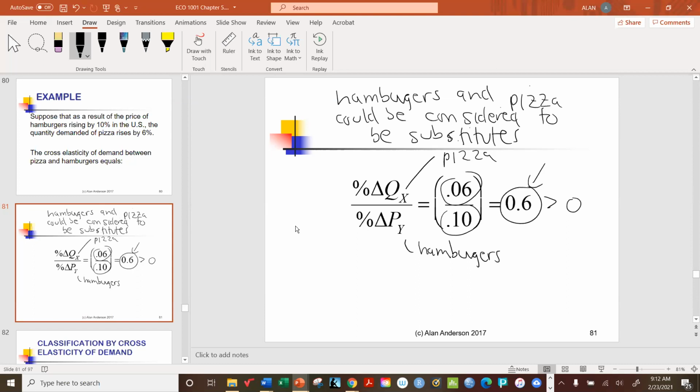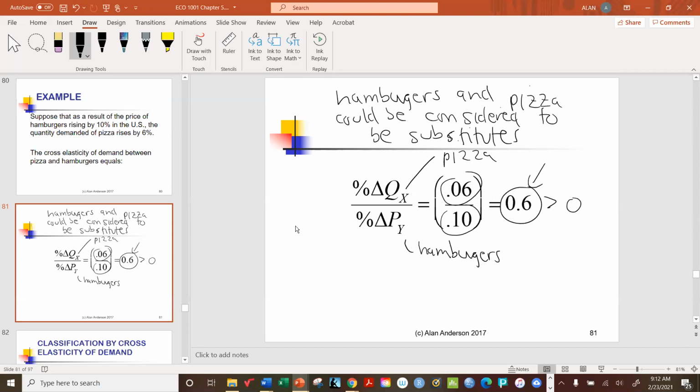And as a result, this number is positive. So this kind of gives us a hint as to what's coming next. We're going to classify goods by their cross elasticity of demand. And so you already have a hint. Positive means substitutes. What does that tell us about negative?